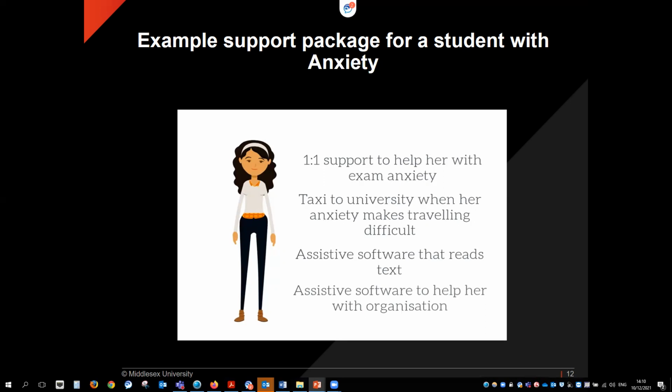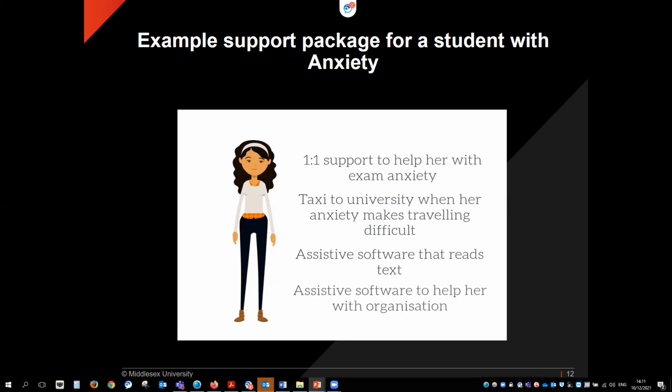So depending on what the student's needs are, the specialist mentor will be helping them on a one-to-one basis out of class, of course. If the student has severe anxiety of using public transport, for example, we can recommend traveling through the traveling allowance, traveling by taxi. So the student will be picked up from their home address and dropped off at the university address.